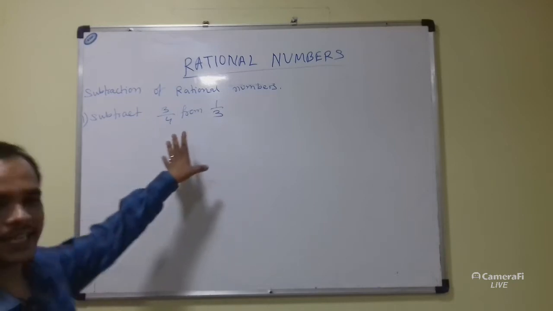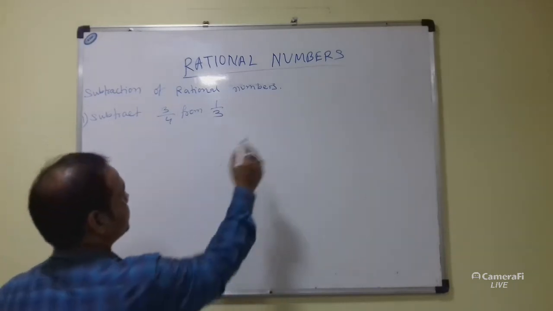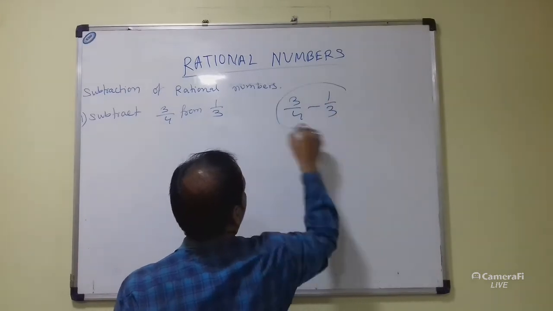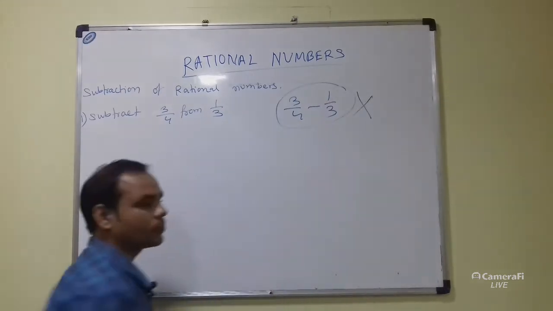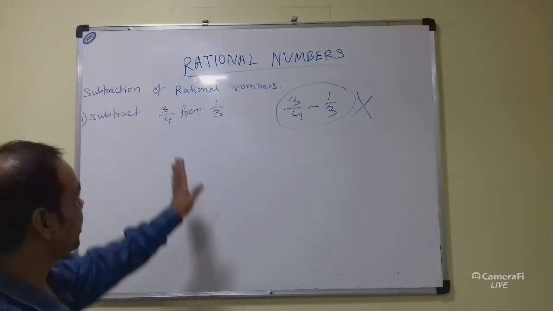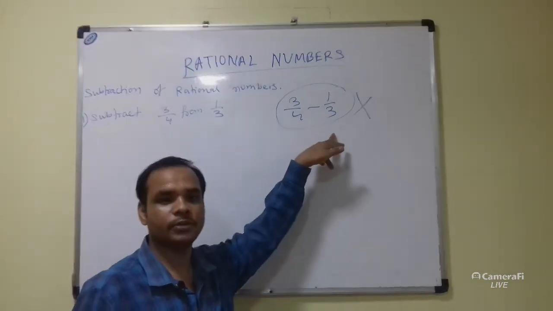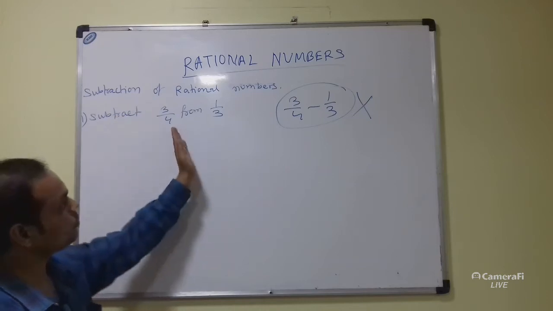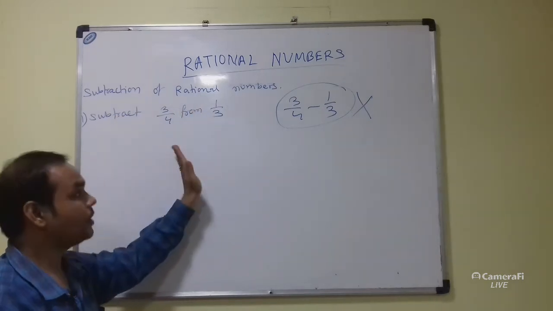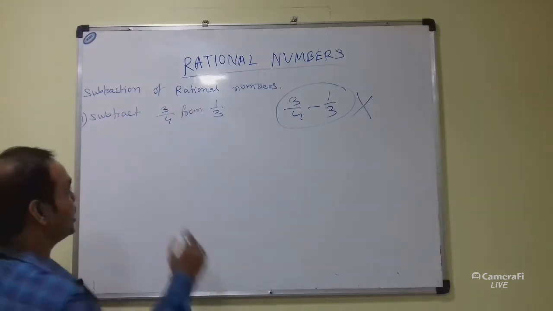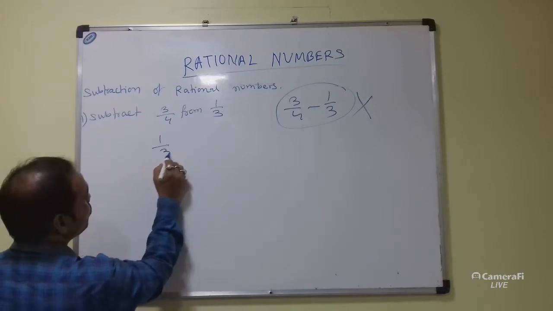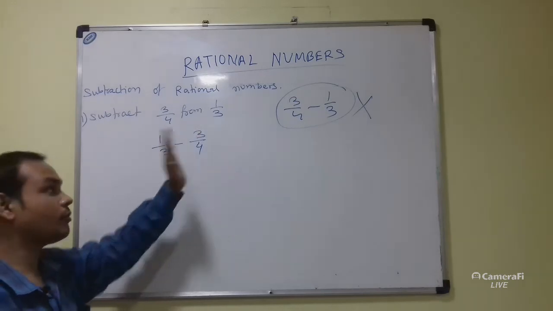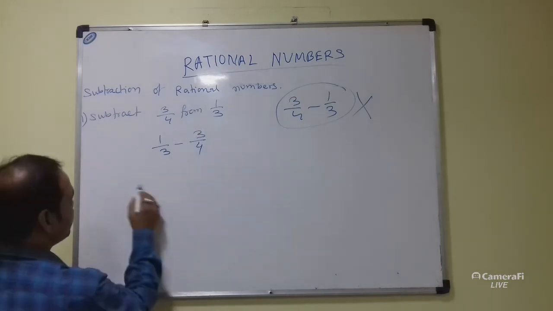Here, students, if I write 3 by 4 minus 1 by 3, it will be incorrect, because the question is to subtract 3 by 4 from 1 by 3. So we have to write it like this: 1 by 3 minus 3 by 4. Subtract 3 by 4 from 1 by 3. Clear?